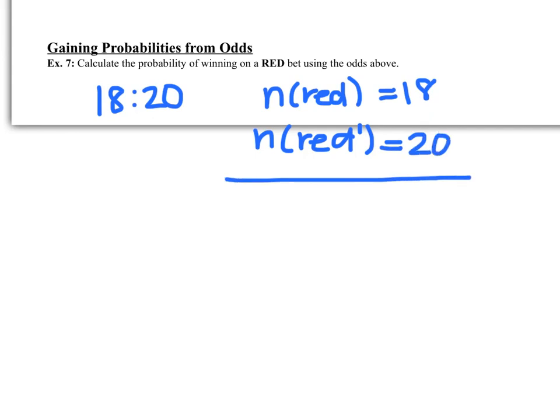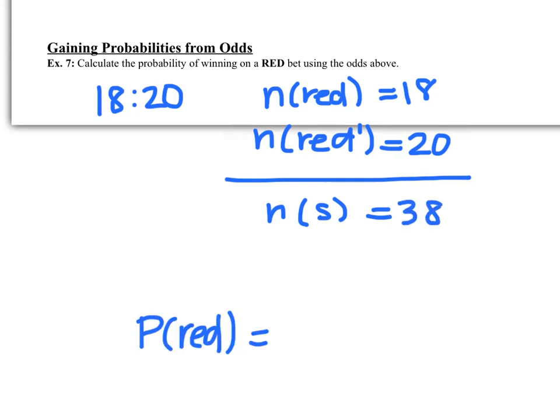And furthermore, the entire sample space is equal to 38. And since we know that probability is equal to n of red over n of the sample space, we know that the probability of winning on a red bet is equal to 18 over 38.